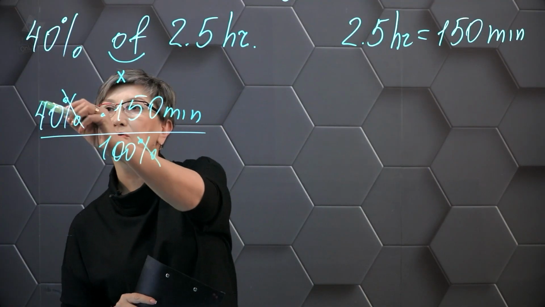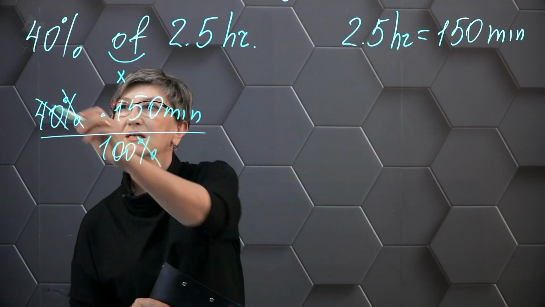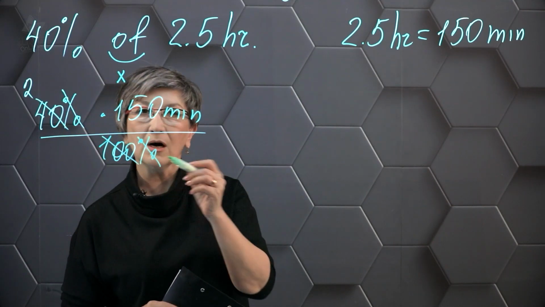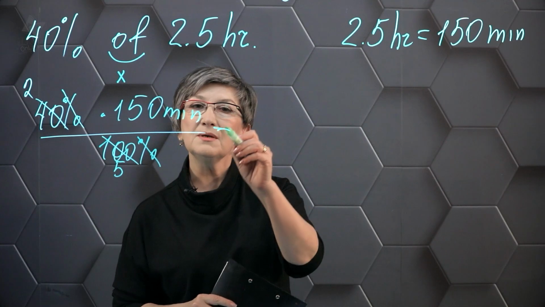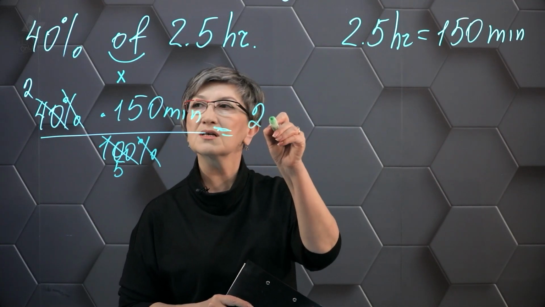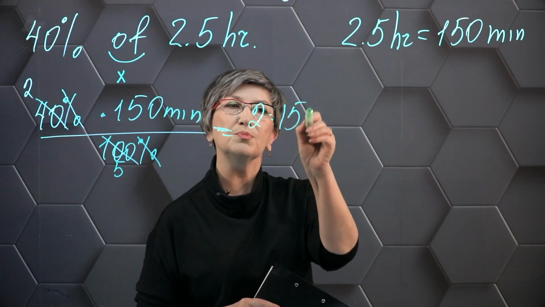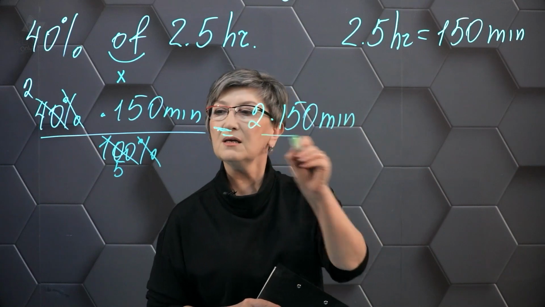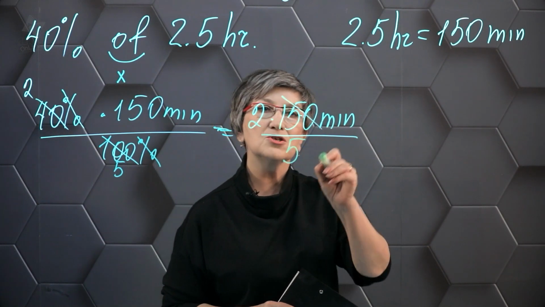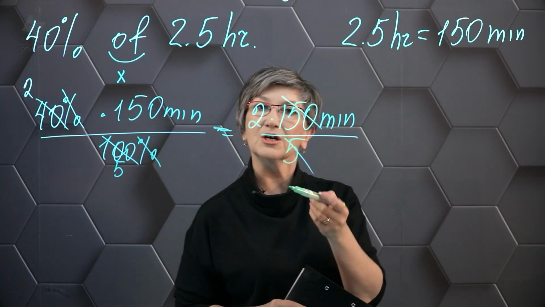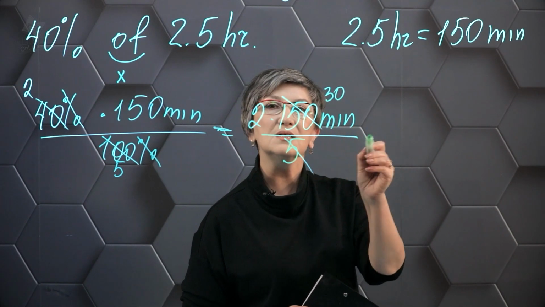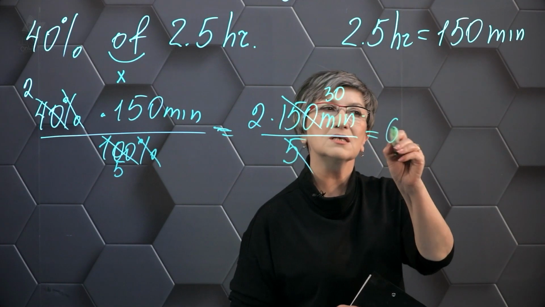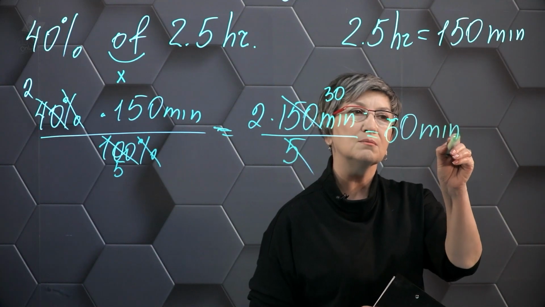Next, I divide 40 by 20, that would be 2, and 100 divided by 20, that would be 5. I write down that leaves me with 2 times 150 minutes, divided by 5. Here I reduce 150 and 5, and what I have left is 150 divided by 5, that would be 30, and 2 times 30, that would be 60 minutes.